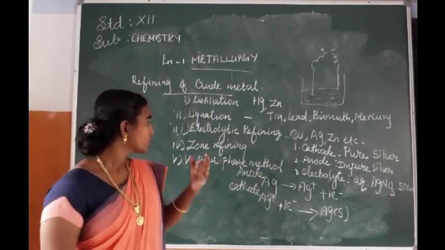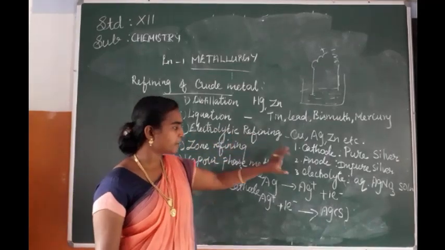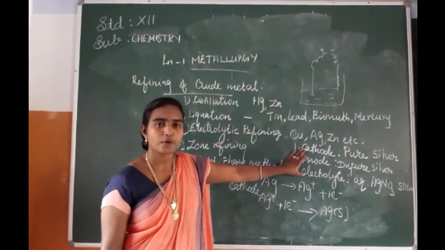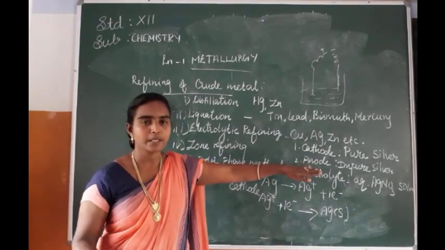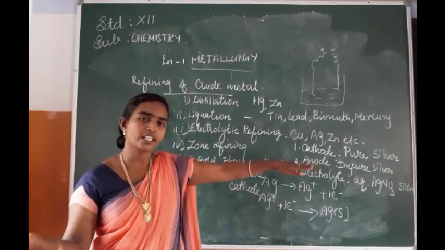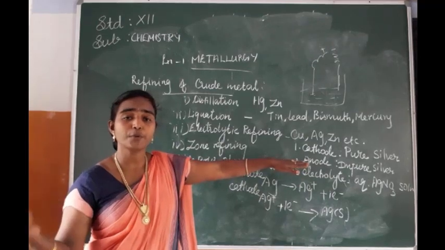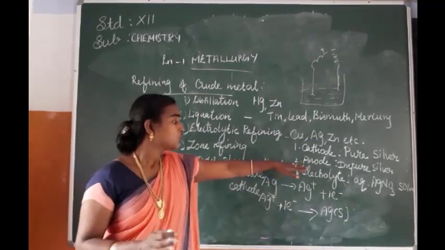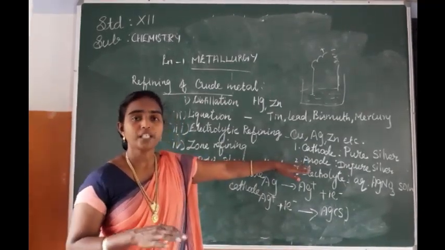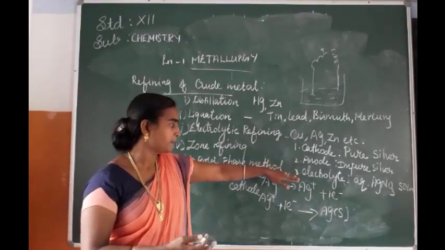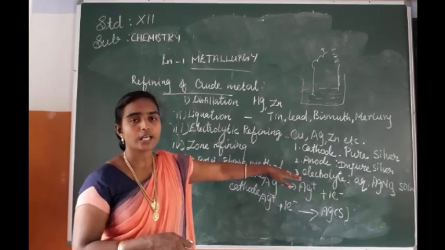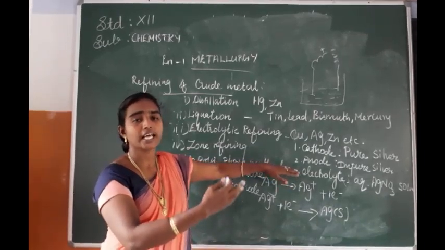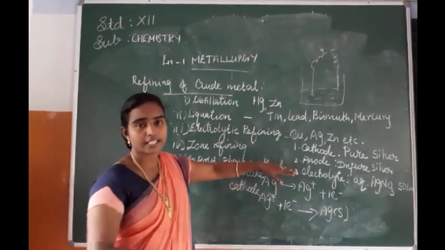Is that clear? So electrolytic refining means these three terms are important. In cathode, we have to take the pure metal. It may be copper, silver or zinc, whatever metal. Whichever metal should be purified, that metal should be taken. Anode, impure metal. If it is silver, it means impure silver. Electrolyte, the salt of that particular metal. If it is silver, silver can dissolve in nitric acid, so silver nitrate solution.